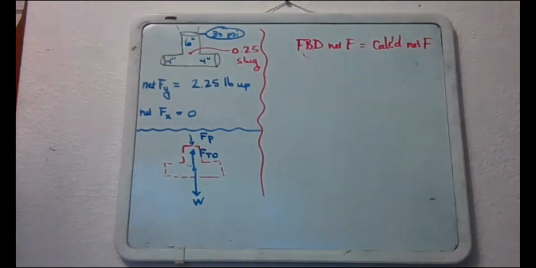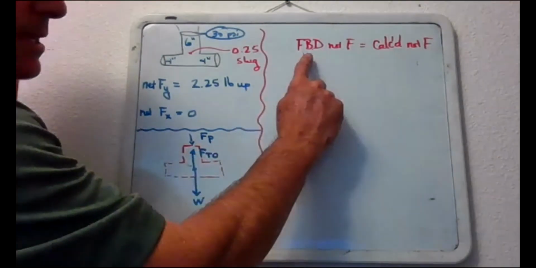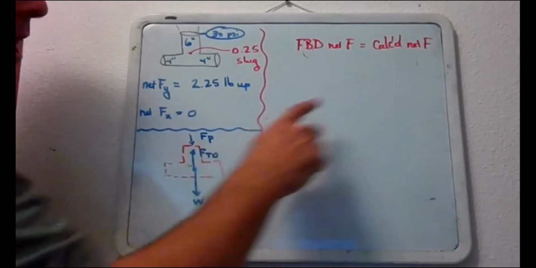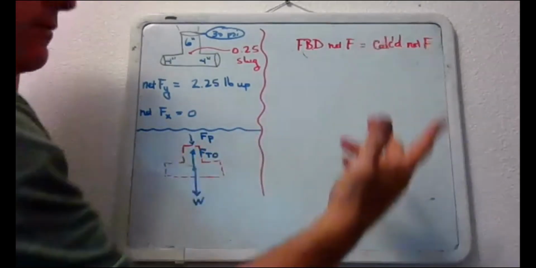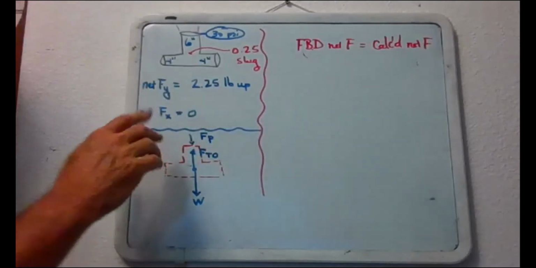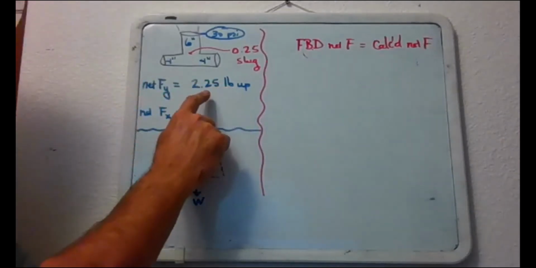Same procedure. We want to write an equation that says the actual forces acting on there, which came from this free body diagram, are equal to the calculated net force. And the calculated net force for fluids, we get in a different way by using the linear momentum equation. And that's what we got.